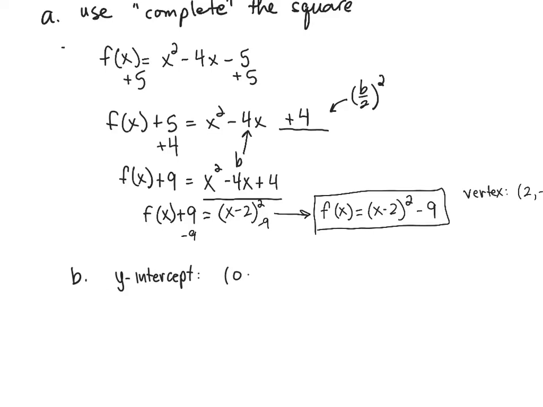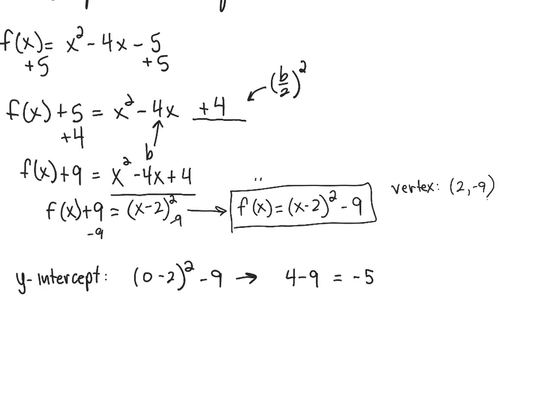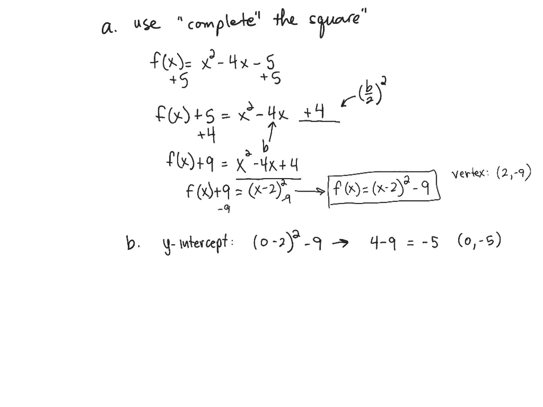So if I let x equal 0, we get a y-intercept of negative 5. So the y-intercept is the point 0, negative 5.